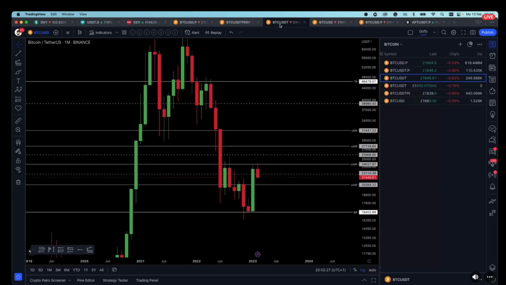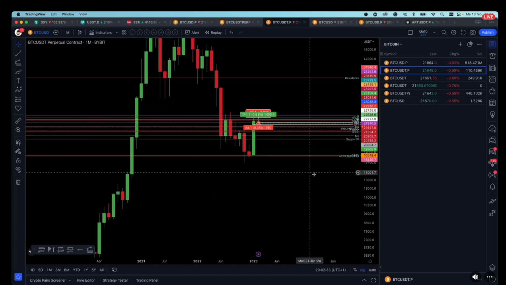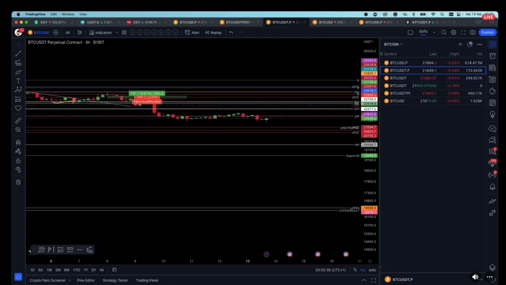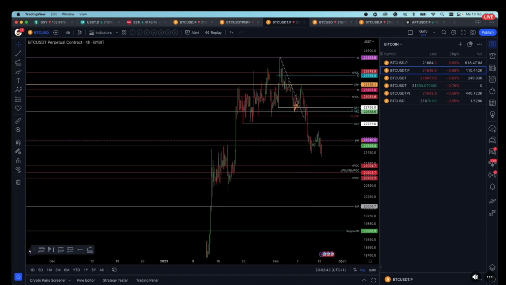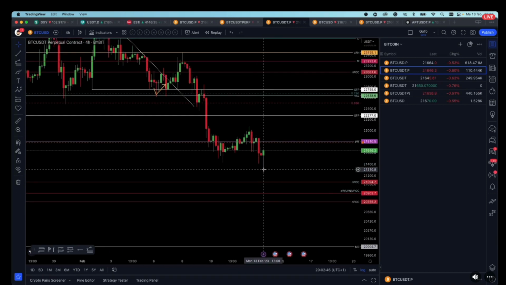And then I still have the USDT perpetual contract on Bybit, and this is actually the chart that I trade. When I enter a trade, I want to know where to place my stop loss, because if I would long here, I would place my stop loss, let's say, over here.